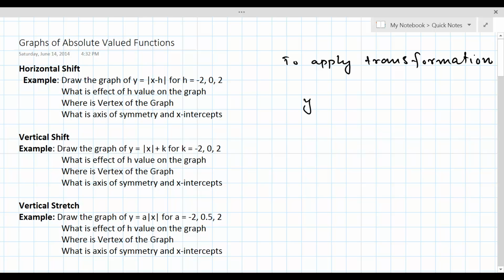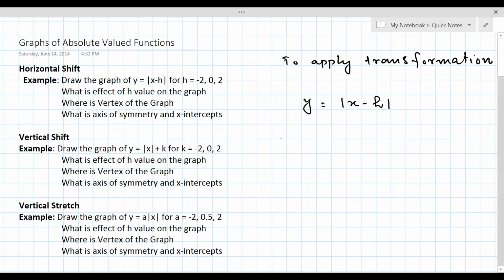The transformation is y is equal to mod of x minus h. Remember that this is a horizontal transformation. It is also known as horizontal shift. And this negative sign means that the graph will be shifted toward the right.